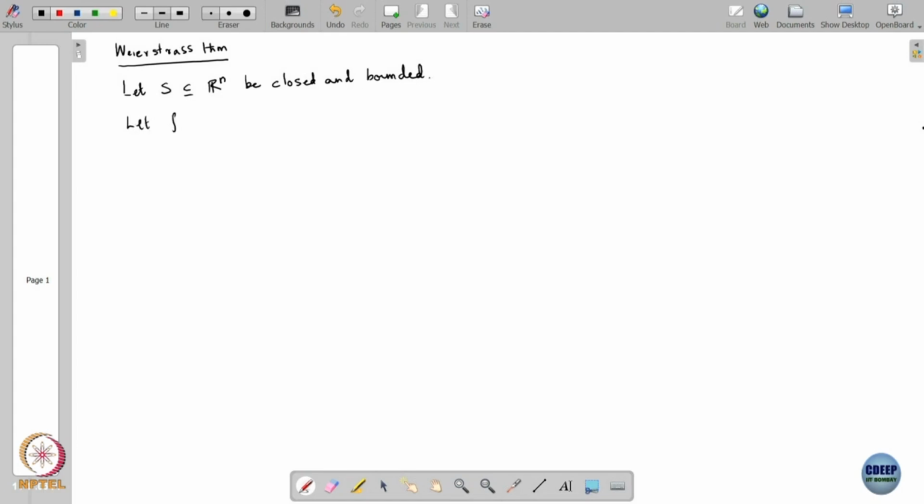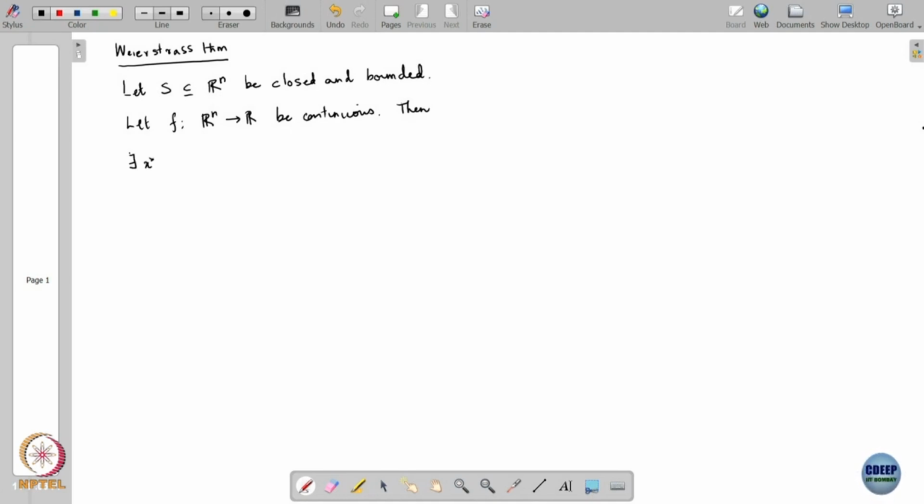Let F from Rn to R be continuous. Then the claim was that there exists a point that attains the infimum of F in the set.